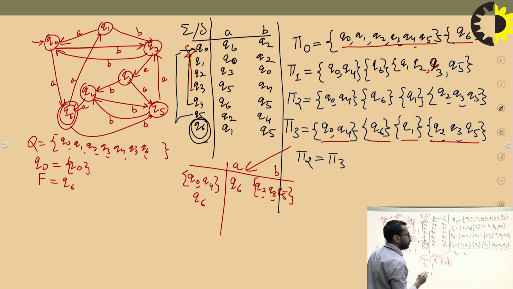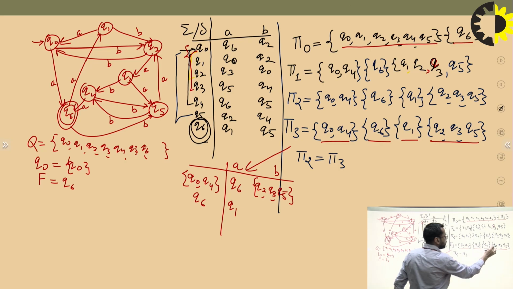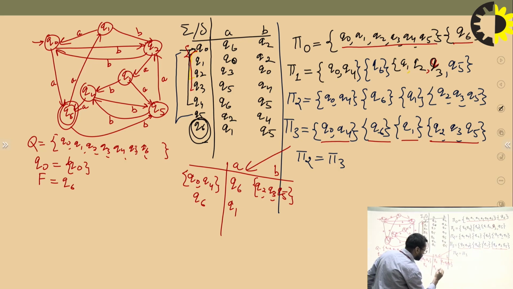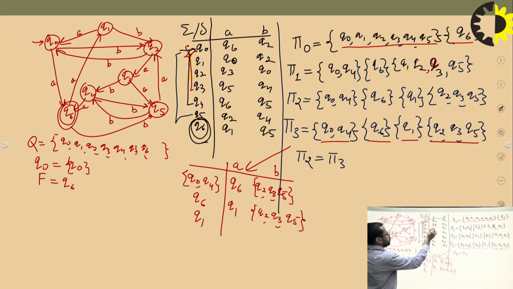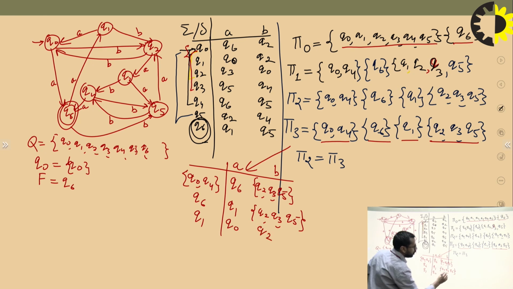Q1 is a single element, and Q5 is in the set of Q2, Q3 and Q5 elements. The next state is Q1. Q1 contains Q0 and Q2. It is the single element Q0 and Q2. The next state is Q2, Q3 and Q5. What will be the next state?